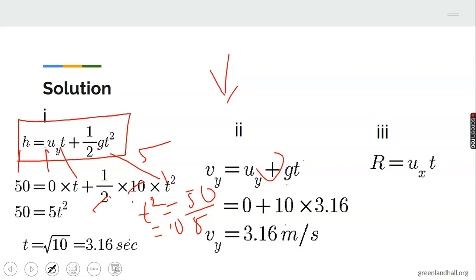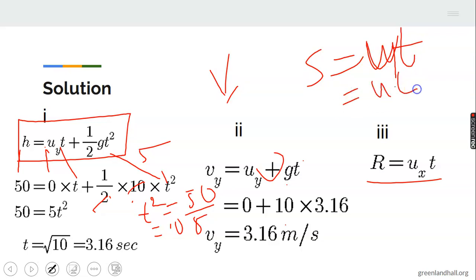Thirdly, the horizontal range. From our knowledge of distance and velocity, we know that velocity equals distance over time. Making distance the subject of the formula, you have distance equals ut. S equals ut, where u is the horizontal velocity, because we are looking for the horizontal distance now.